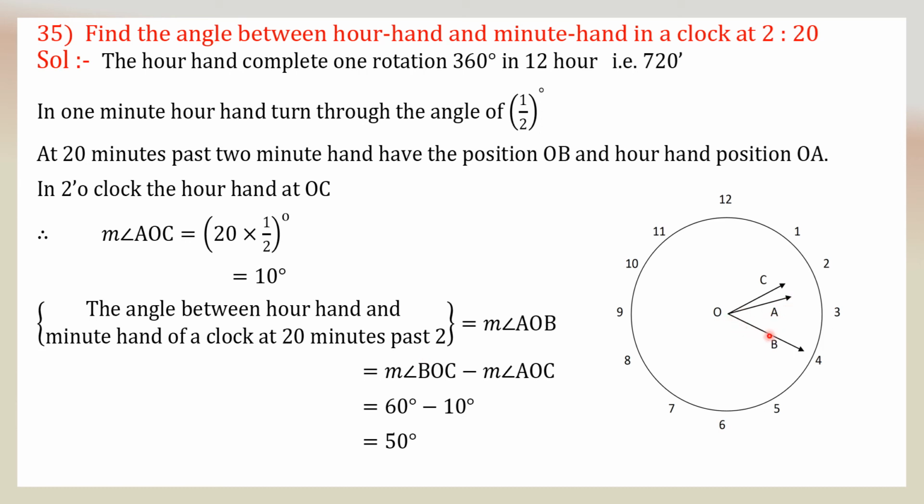The position is 2:20. Here is AOB. It is equal to the measure of angle BOC minus the measure of angle AOC.